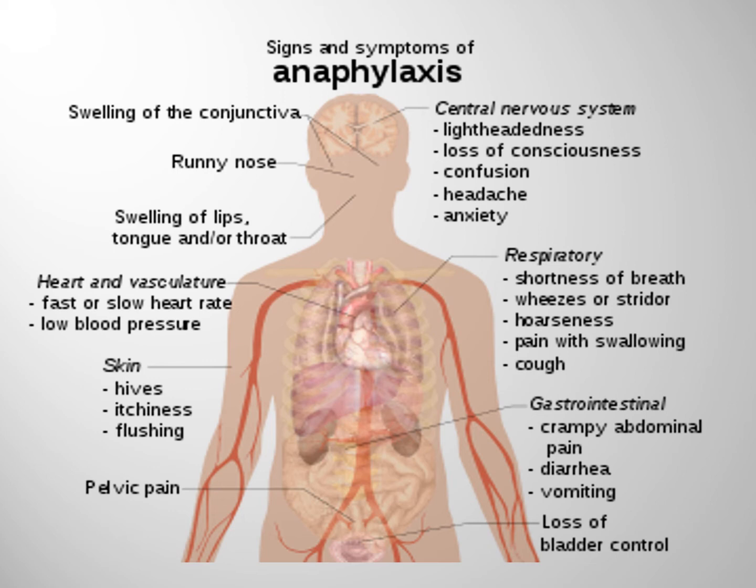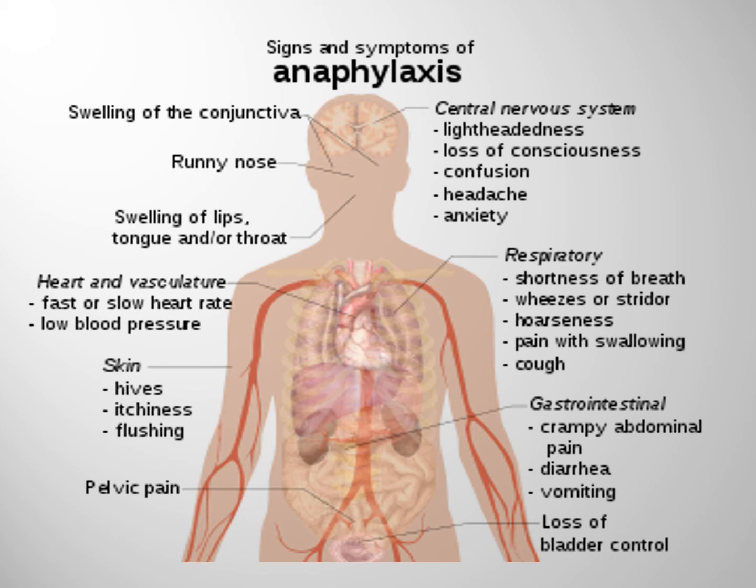Hoarseness doesn't come from the lungs. It also comes from the airway, where the vocal cords are. Pain with swallowing, again, that's where the pharynx is dividing and becoming the esophagus and the trachea. So that's where you're going to have pain with swallowing. So the respiratory system, think of shortness of breath, wheezing, coughing.